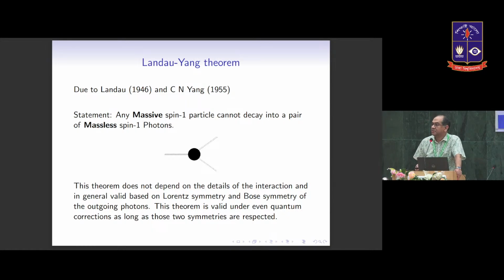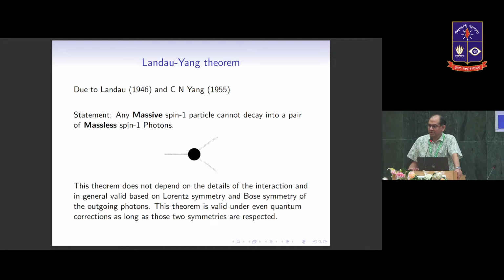But there's something rather interesting to this theorem: it only appears because of two things. One, obviously, is the Lorentz symmetry. You want to write down some transition amplitude. And this is where Bose symmetry comes in.